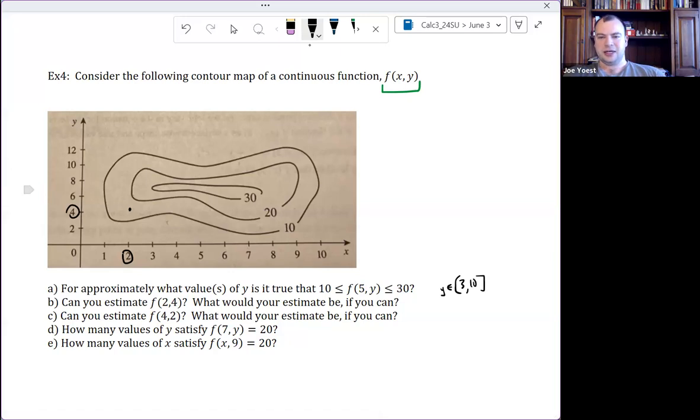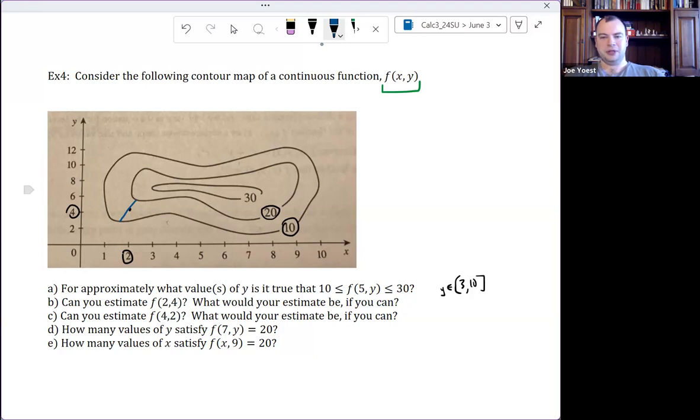Well, I see that in between these level curves of 10 and 20 on this contour map, that's where my point lies. It lies in between those two, and it looks like it's in the ballpark of halfway between the two.